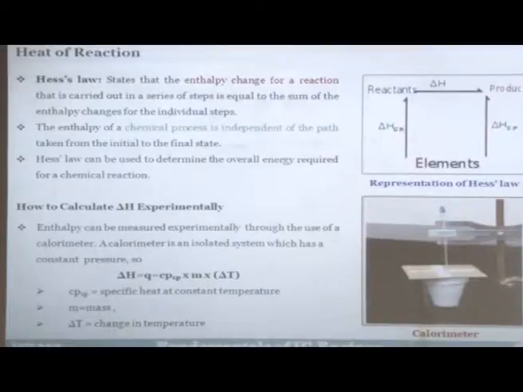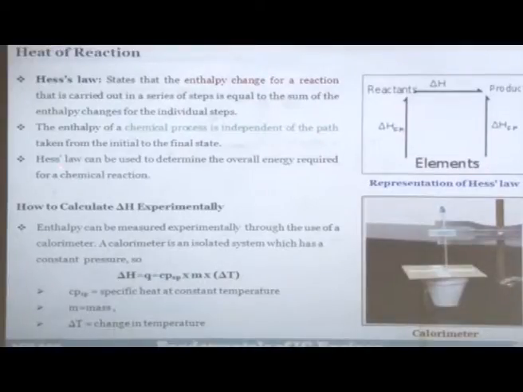Again, carbon dioxide is made of carbon and oxygen, and water of hydrogen and oxygen. If you form them from the elements, this is called delta H F P, the enthalpy of formation of the products.